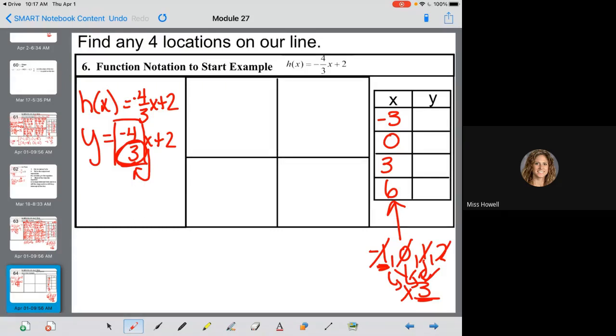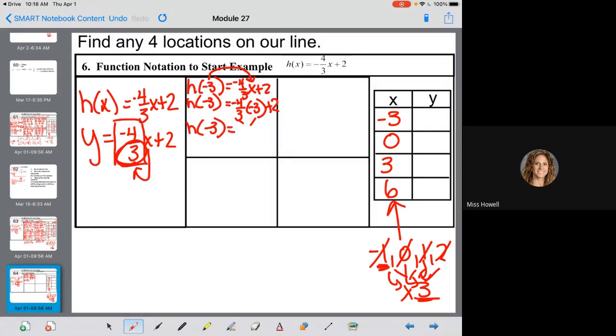All right, let's evaluate h of -3 when we have the function -4/3 x plus 2. All right, we're taking this -3 and we're substituting it in. Remember, on this side, h of -3, that's just like saying y equals. There's no math to do over there. That's not a multiply. All the math is over here on the other side. There's a multiply and an add. So multiply first. H of -3 equals -4/3 times -3.